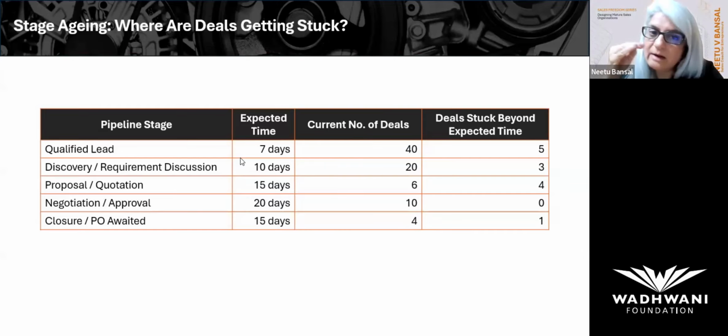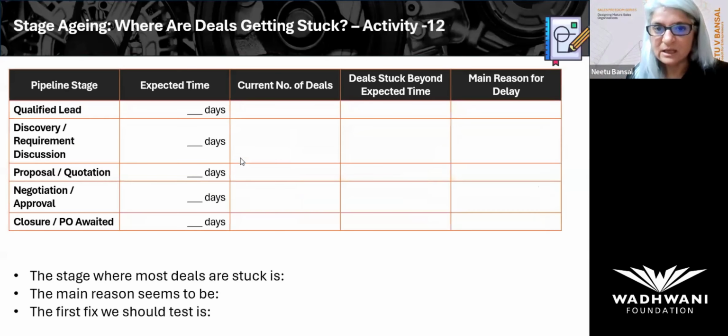So based on where the deals are getting stuck, based on the number of days that you've identified for your organization, you should be able to track this. And in your tracker, you write the reason why this delay is happening.